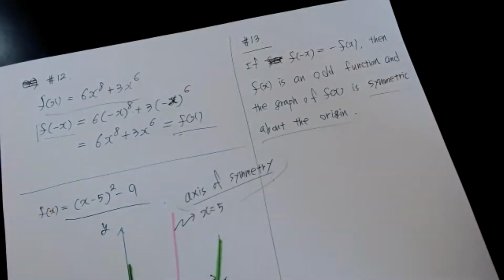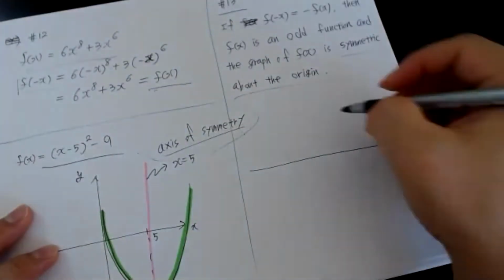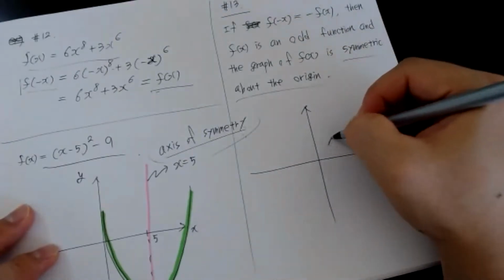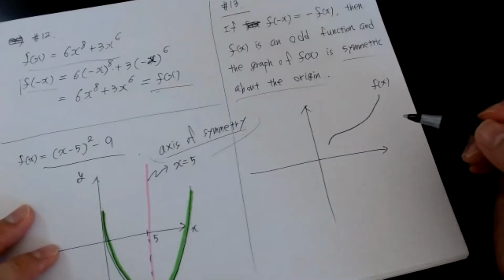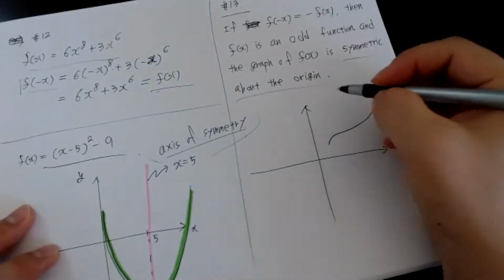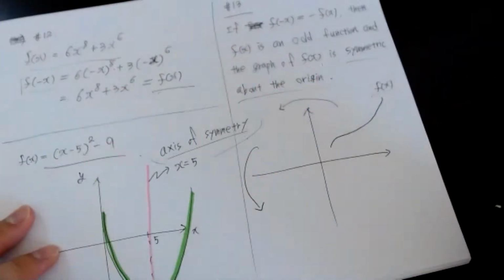Maybe you forgot about this, so I'm going to go over it. Back to transformation and reflection. Think about the graph of f of x given like this, and then I'm going to reflect the graph of f of x about the y-axis and then the x-axis.